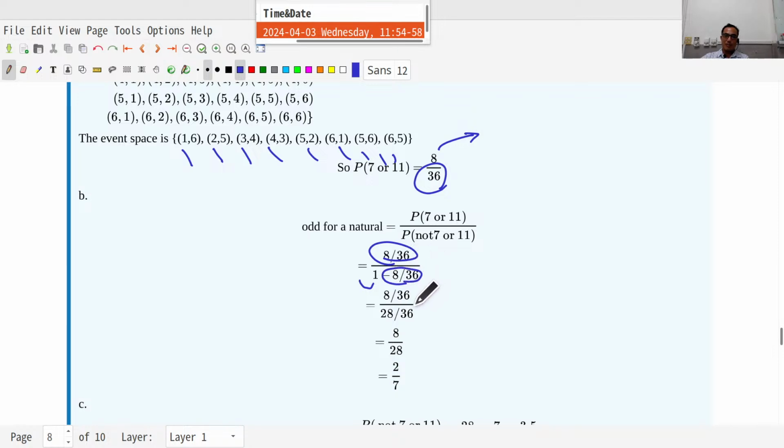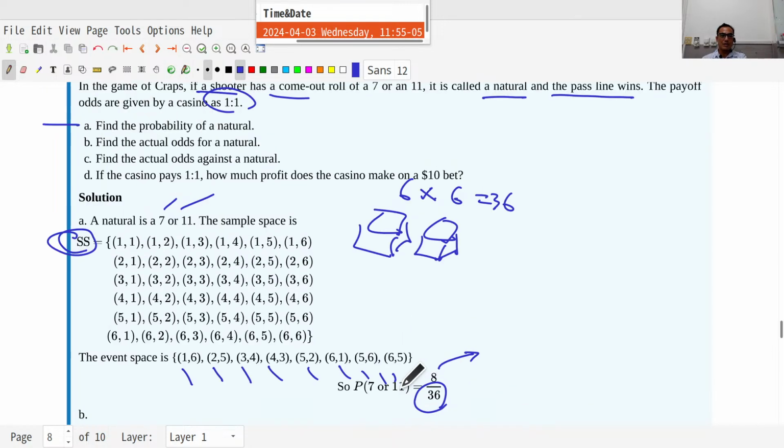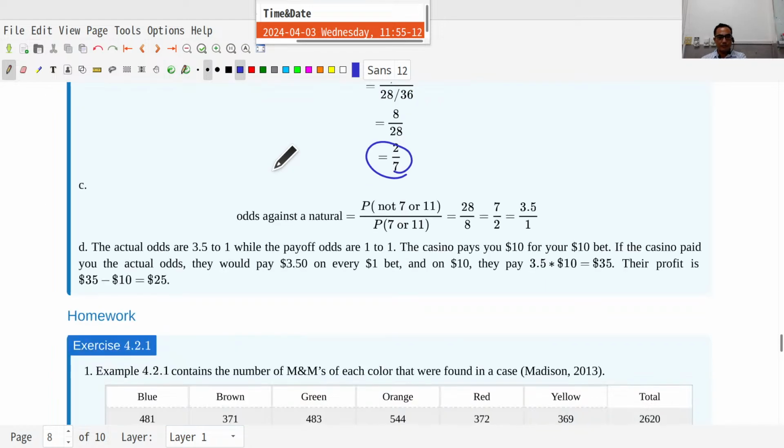Thus, that will be 2 over 7. And question C. Find the actual odds against a natural. Okay, according to the definition, odds against a natural is probability of not 7 or 11 over probability of 7 or 11, that is 28 over 8. 28 over 8, that is 3.5 over 1.